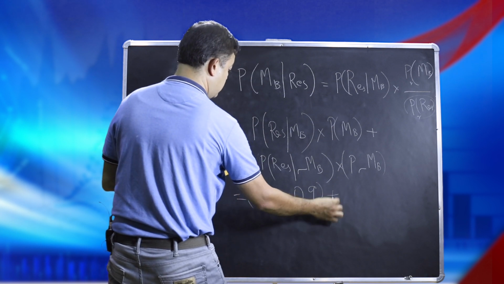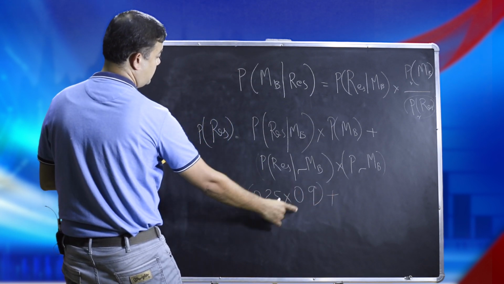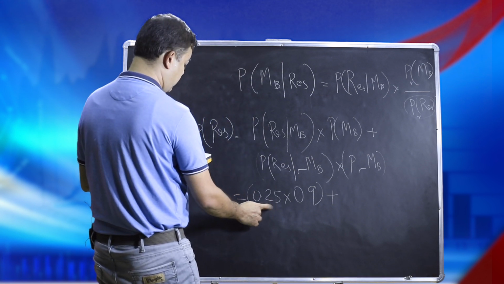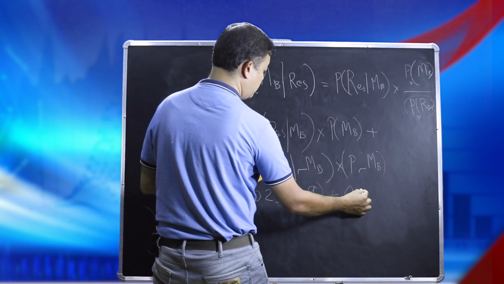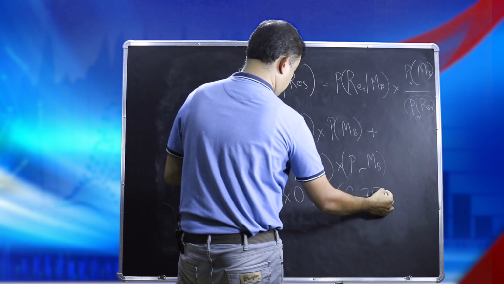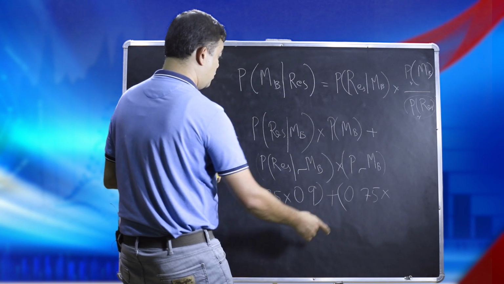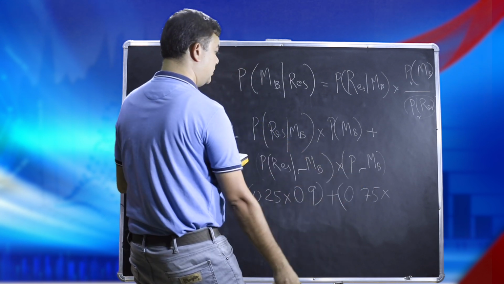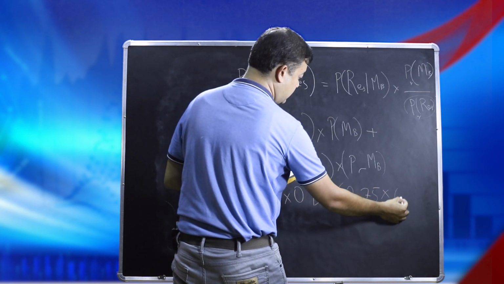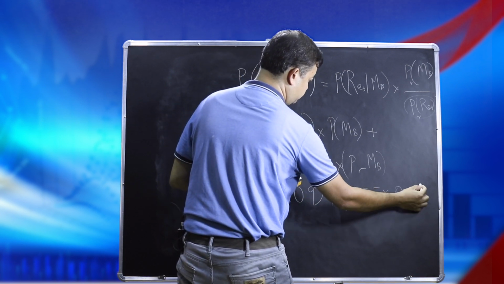Plus, now not getting the middle berth is nothing but 1 minus 0.25, which is 0.75, that is A prime, multiplied with the rest of the thing, so 10% is the chance, that is basically 0.01.